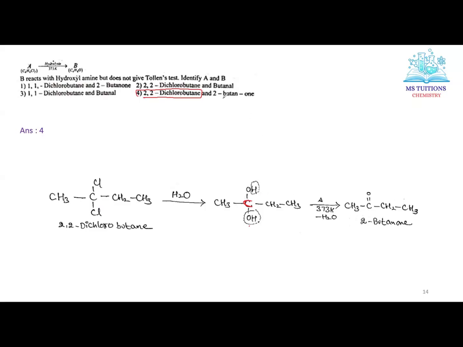Finally 2-butanone is formed. It reacts with hydroxylamine, since ketones react with hydroxylamine, but it does not give a positive Tollens test because it is a ketone, not an aldehyde. So everything is matched. If we take the fourth option as correct, the data given matches here. So the fourth option is the correct answer.